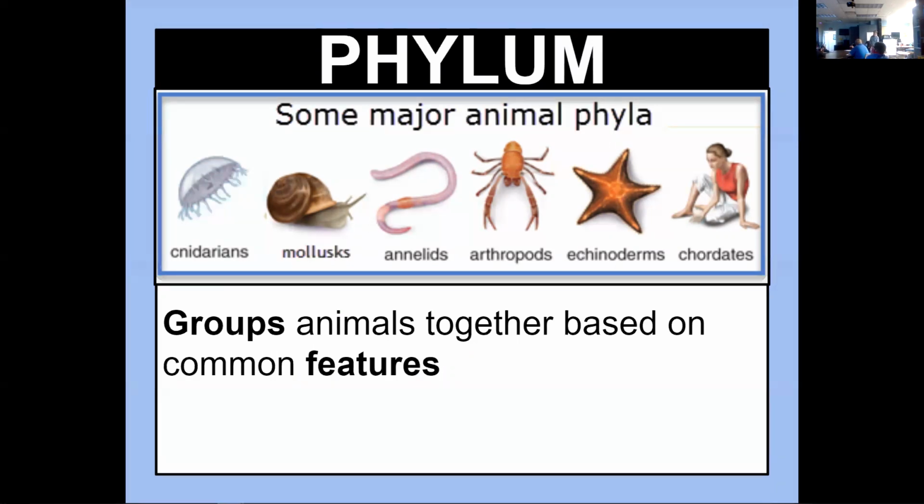Anything with a hard shell is an arthropod. So lobsters, insects, crabs. Turtles are reptiles. Starfish. Echinoderms, yep, they're starfish. You can slice those up and have a whole bunch more.